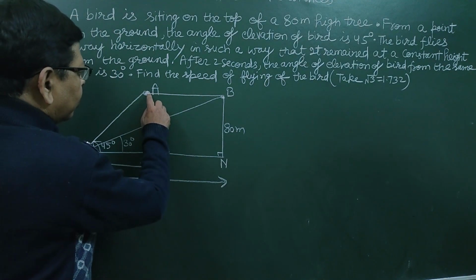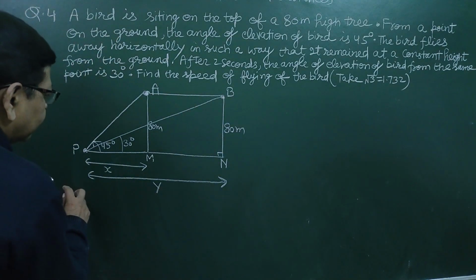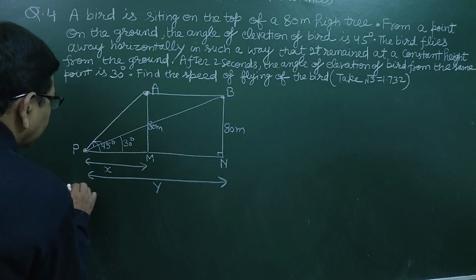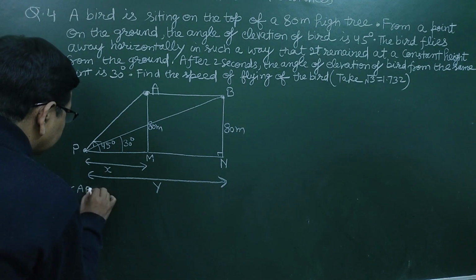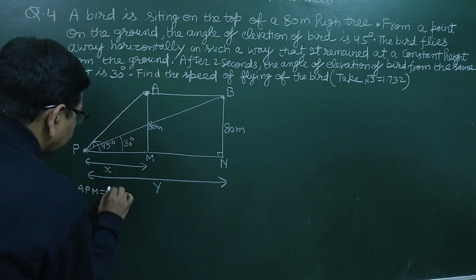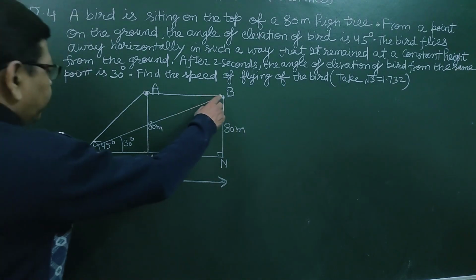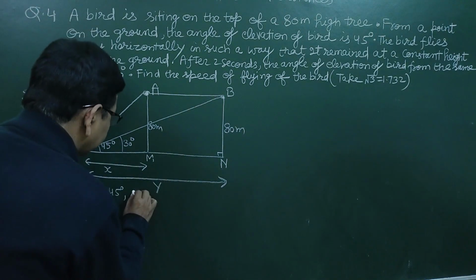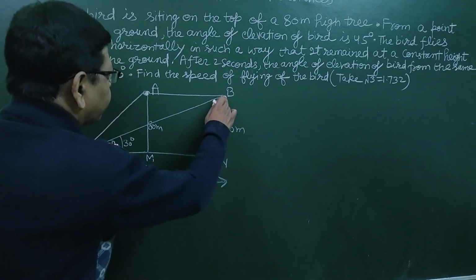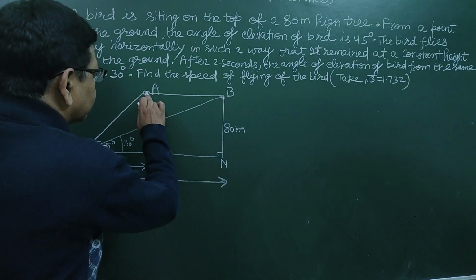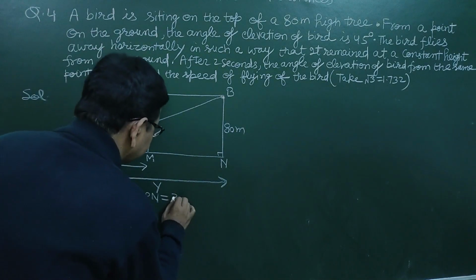Now we want to calculate the distance AB, so first let us write the various angles and the distances. Angle APM is equal to 45 degrees. Angle BPN, which is the angle of elevation at the point B when the bird reaches from A to the point B, is 30 degrees.